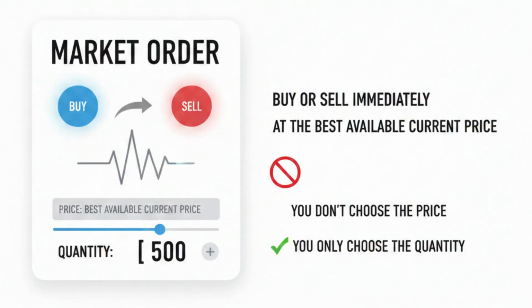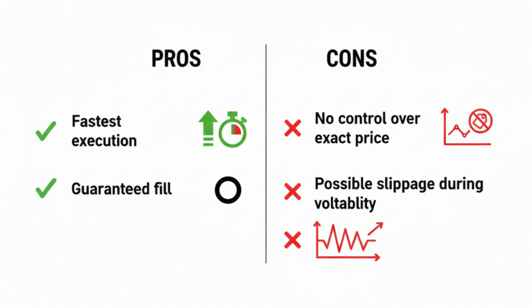Market order. A market order is the simplest type of order. It tells the system, buy or sell immediately at the best available current price. You don't choose the price, you only choose the quantity. Pros: fastest execution, guaranteed fill.